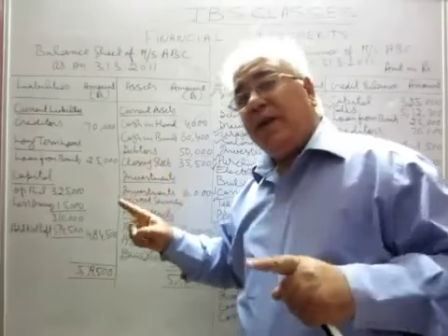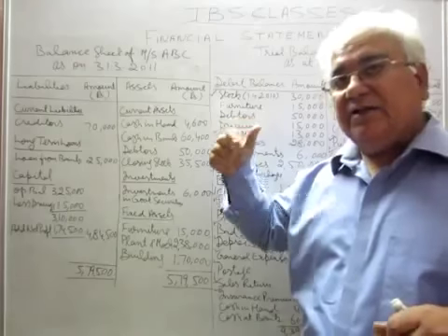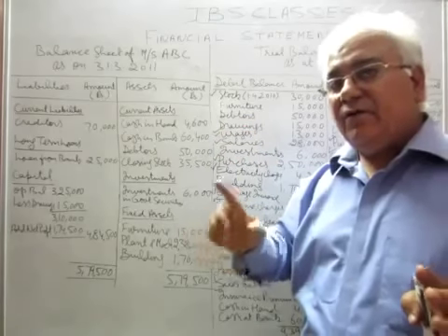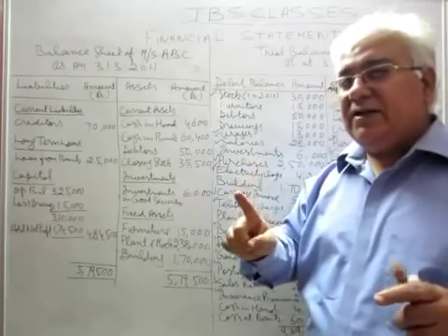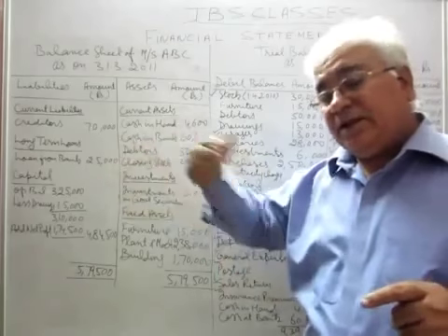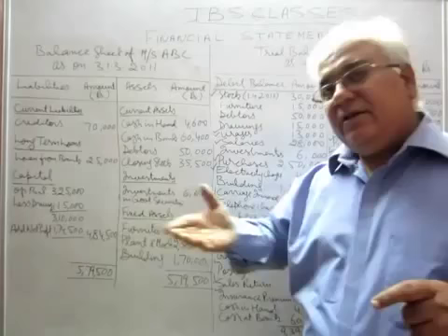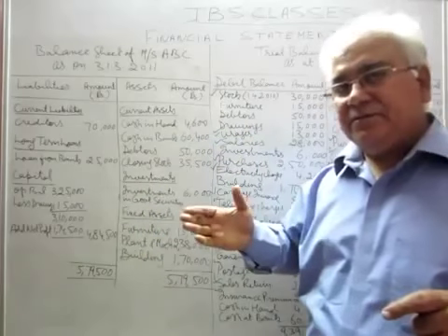That will be the opening entry in the next year, that is the year starting on 1/4/2011. And from that journal entry, the ledger will be posted and new year will start.